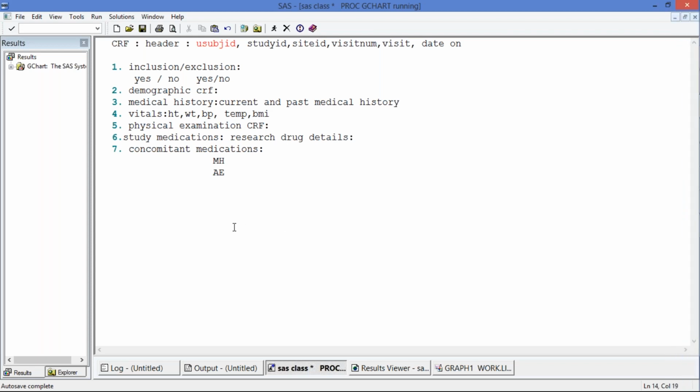So here are the concomitant medication details. Medication name, medication start date, route of administration, dose and all will be here. Some medications will be listed, that means all the permissible medications. For concomitant medications, we have restrictions. So-and-so medications can be included, meaning the patient can take them. So-and-so medication, the patient should not take.